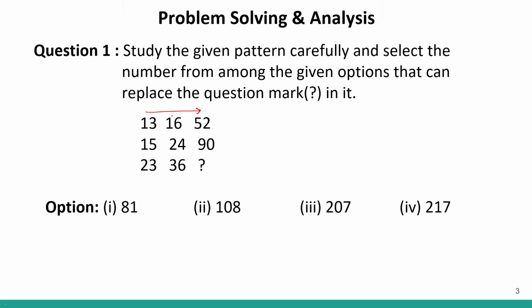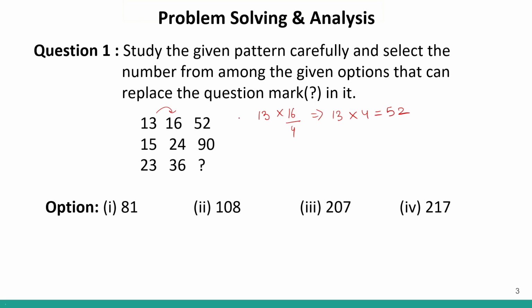So let us look at over here. If I multiply 13 by 4, I'll get 52. So if you know the table of 13, you know that 13 into 4 will give me 52. And 16, if I divide 16 by 4, I'll get 4. So 13 into 4 gives me 52.